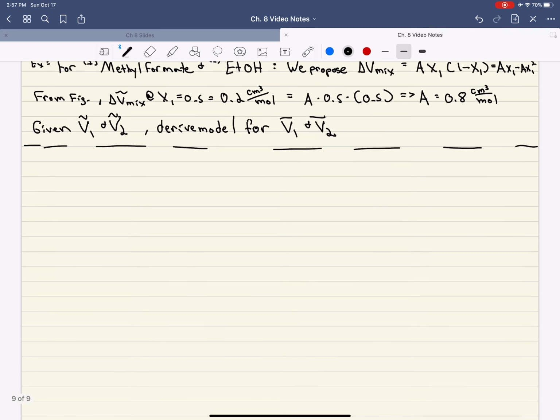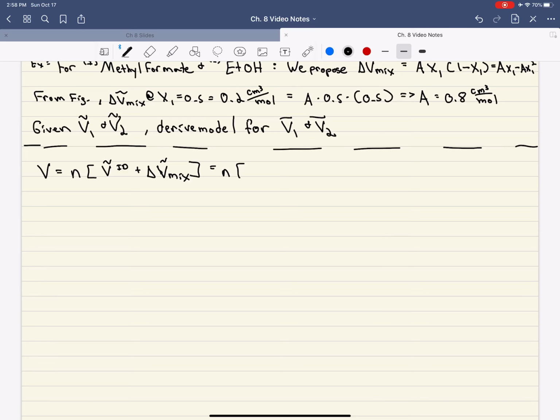And so we know that our total volume of the mixture is going to be a sum of the molar volume of the ideal solution plus our delta V mix, right? So this delta V mix captures the non-ideal behavior of the mixture, okay? All right, and N, of course, is the total moles in the mixture.